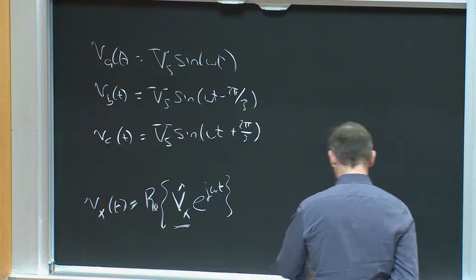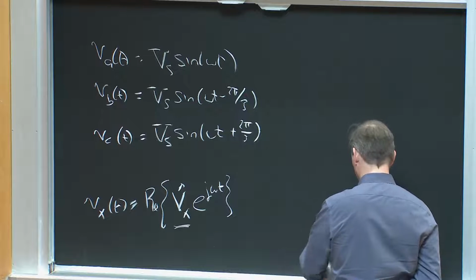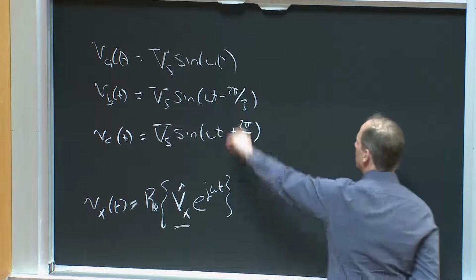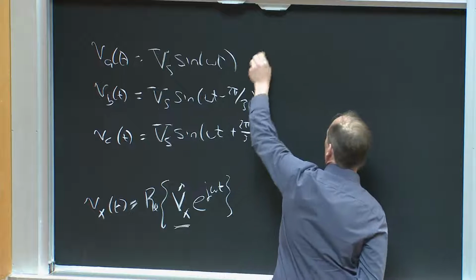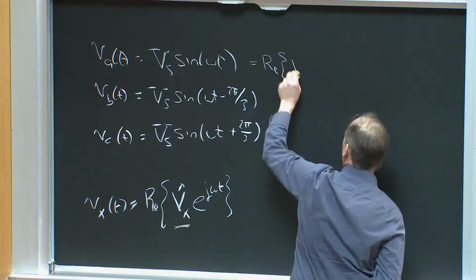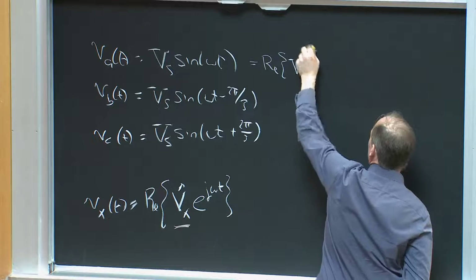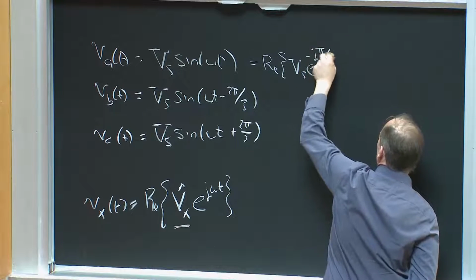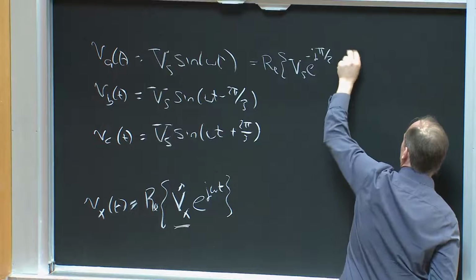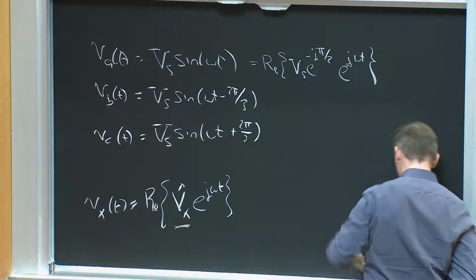So in this case, I could write Vs sine omega t as being equal to the real part of Vs e to the minus j pi over 2 e to the j omega t.